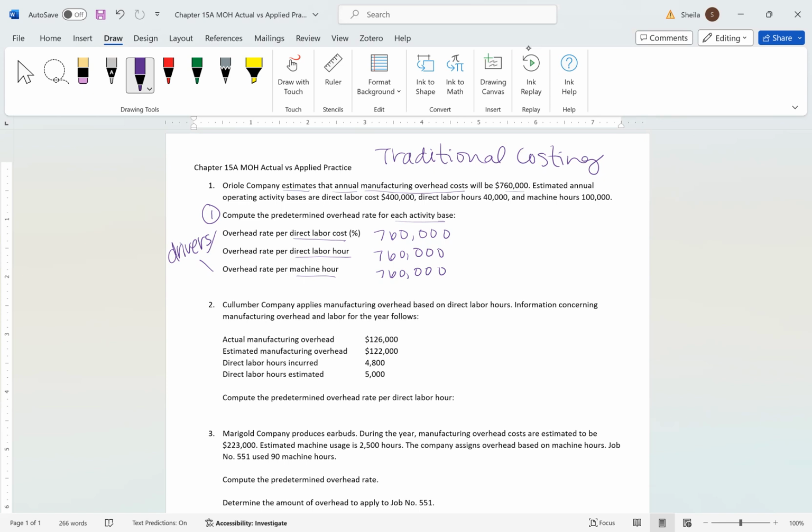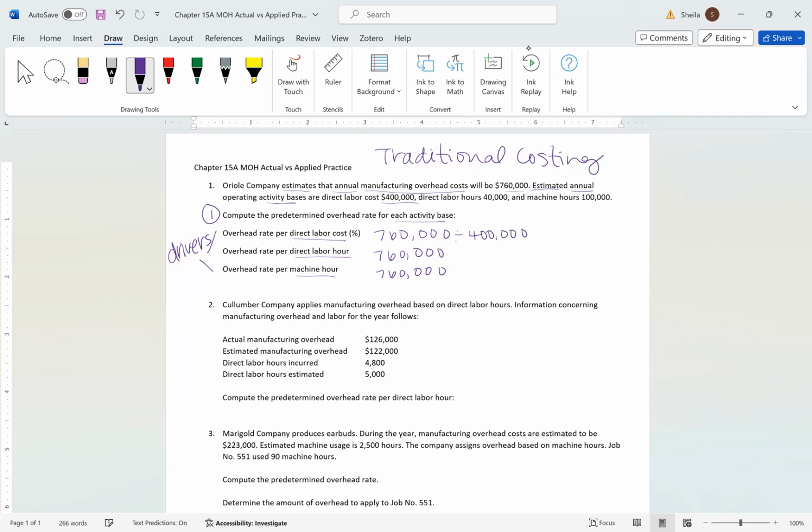Now, the estimated, again, that's key, estimated annual operating activity basis of direct labor cost is 400,000. So to find the predetermined overhead rate for direct labor cost, we're going to take that estimated overhead divided by the estimated labor cost.